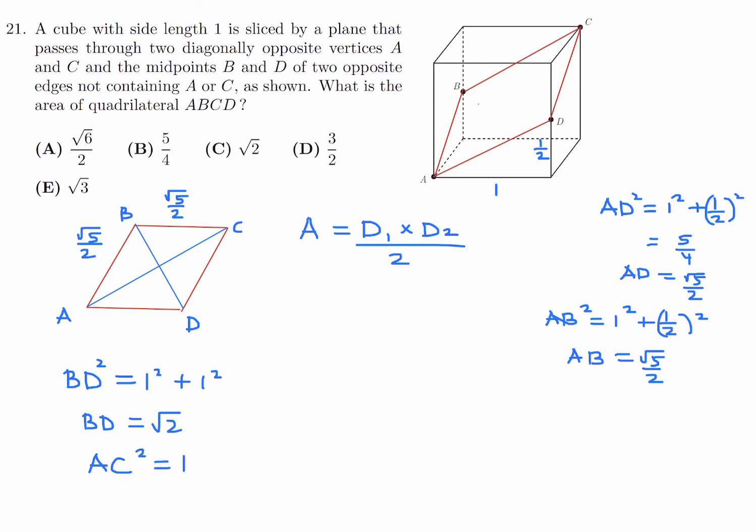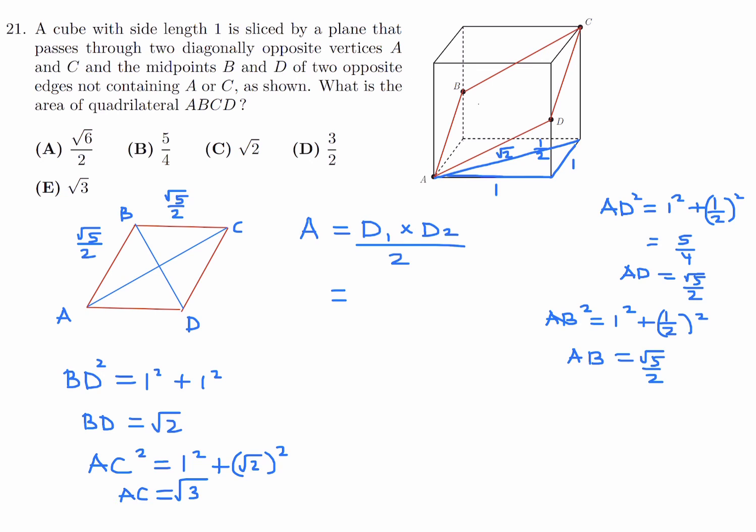AC squared will be 1 squared plus this diagonal squared. But that's pretty quick to figure out because it's the hypotenuse of that triangle, 1 and 1. So that's going to be just root 2. So it's 1 squared plus root 2 squared. So this is going to be equal to 1 plus 2, which is 3. And therefore AC is root 3.